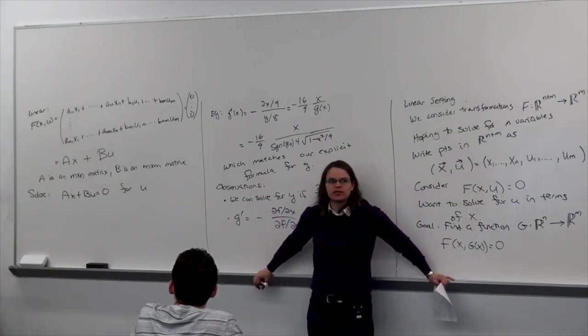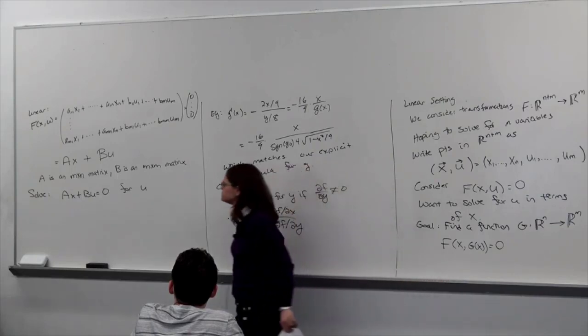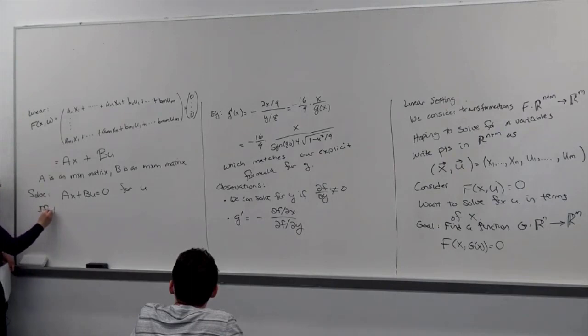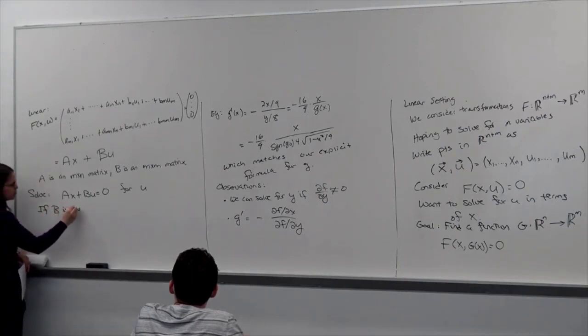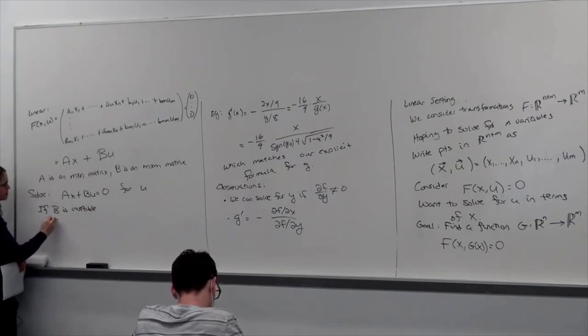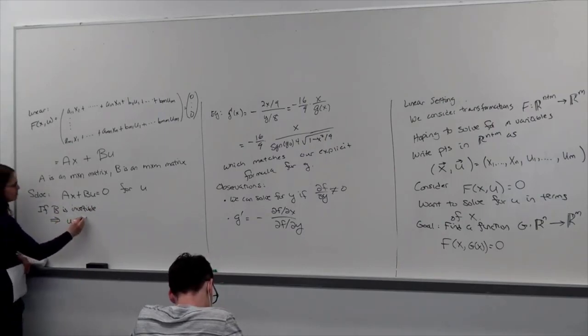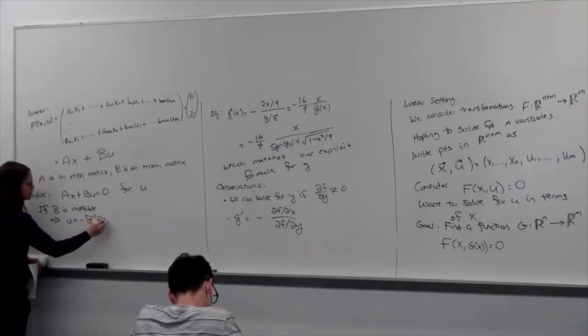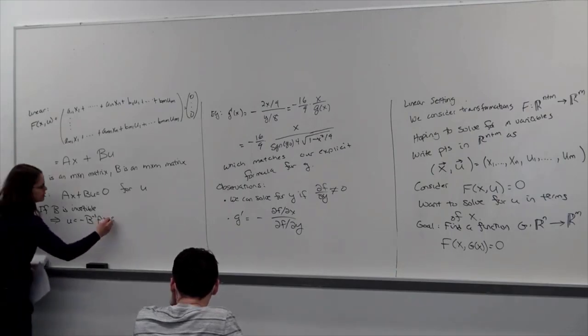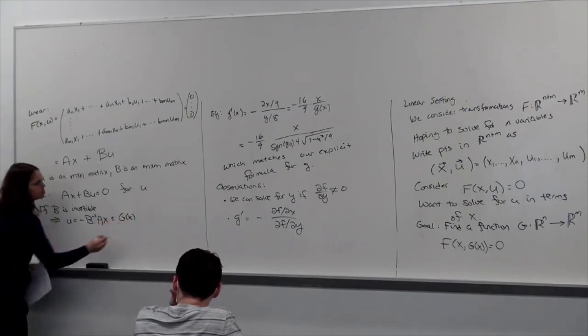If B is invertible, I can solve this. So if B is invertible, then the solution is u = -B^{-1}Ax. And this becomes my g(x).